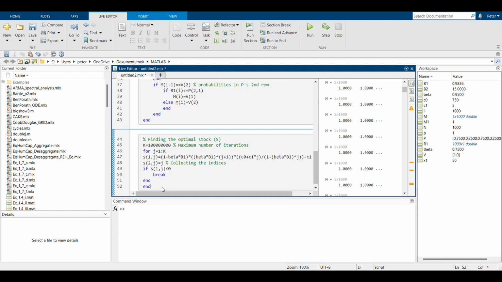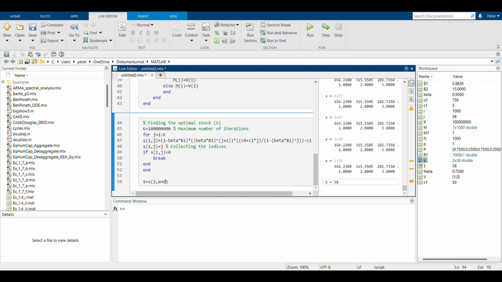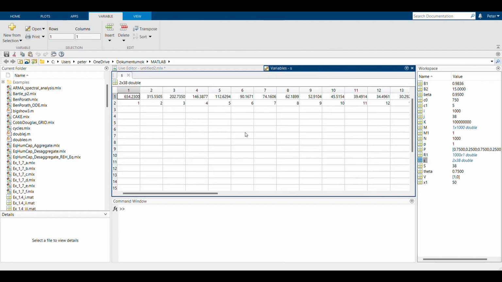You will see that the optimum inventory is, so here we have S, and you can see it's a decreasing sequence, and at the point it becomes negative, then we stop.